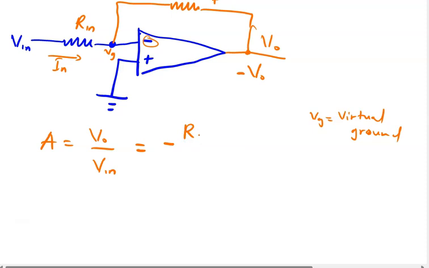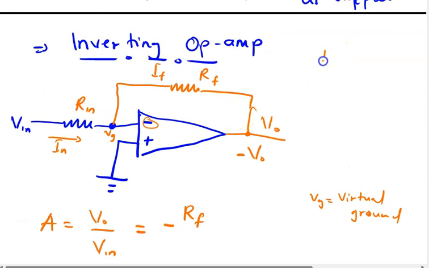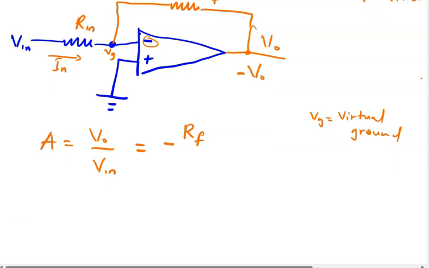The RF is termed as the feedback resistance. So it's given by negative of the feedback resistance divided by the input resistance. You should take note of it.